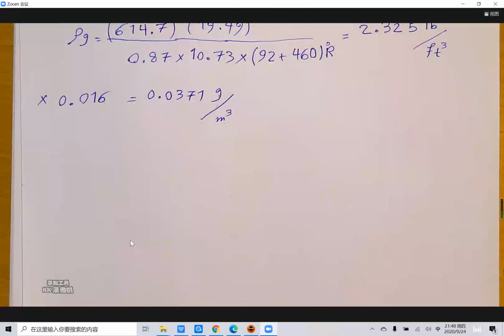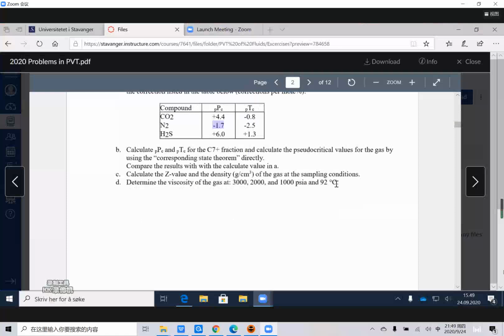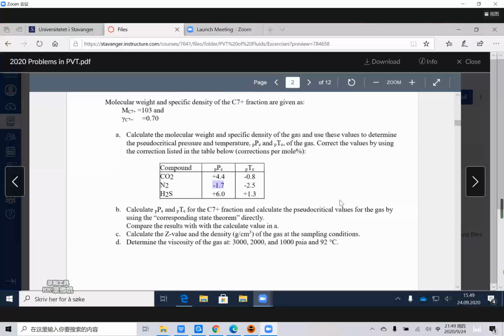So at the last part, you need to determine the viscosity of the gas at the three pressure points and the constant temperature of 92 degrees.